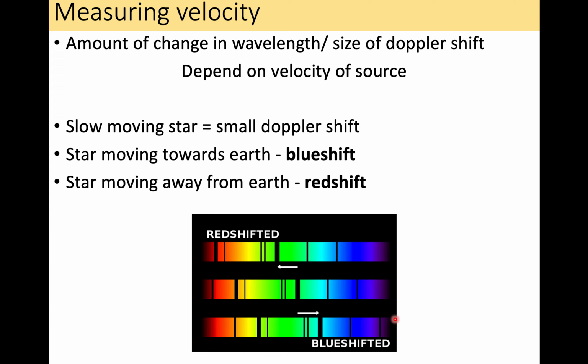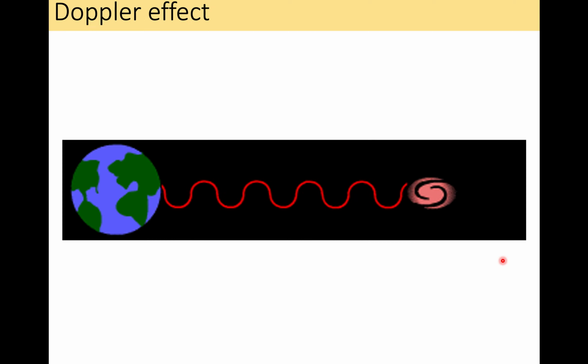When the object is moving away from Earth, we can see that emission spectra is shifted towards the red. So by measuring over time, we can see the pattern of red shift, back to neutral, back to blue shift, back to neutral, back to red shift, and we can actually measure how things are moving relative to the Earth.